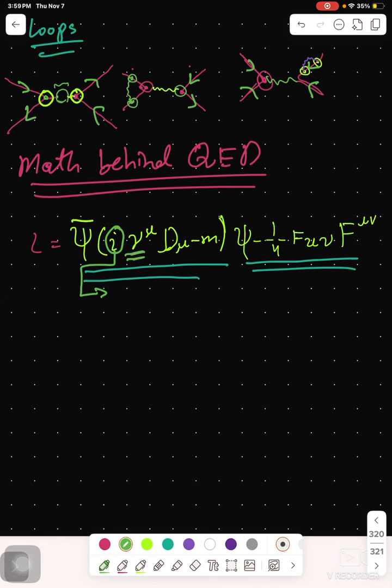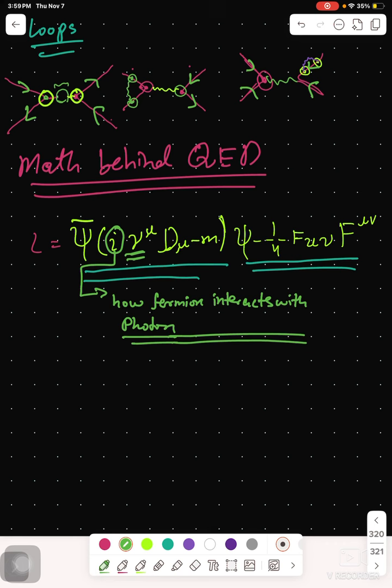This is the mass, and this over here, psi with a bar on top, is the wave function of the antiparticle, because antiparticles and particles are the main things in our topic.